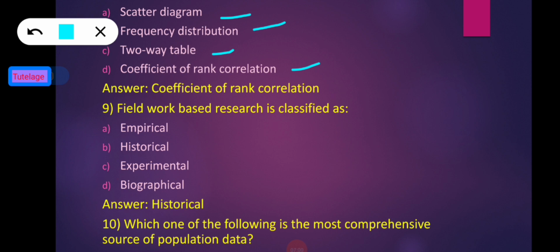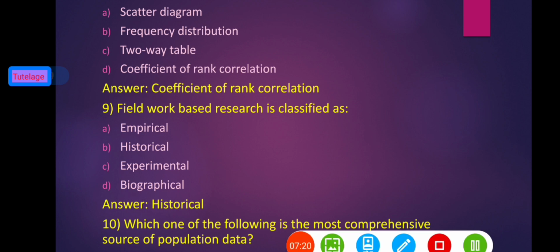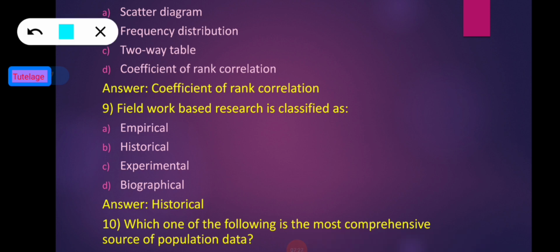Obviously, option number D is the correct answer, because which method helps to measure the correlation between two variables? Scatter diagram is not related to correlation. Frequency distribution and two-way table are not related with the correlation between two variables. Obviously the coefficient of rank correlation is related with the correlation between two variables. So option number D is the correct answer.